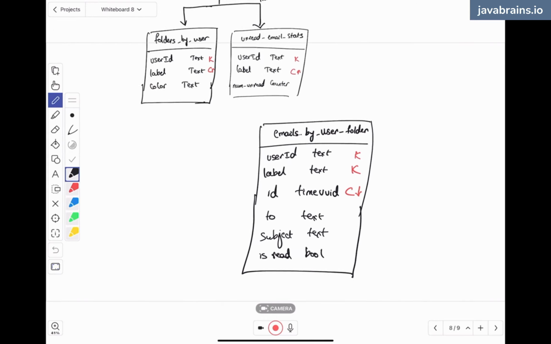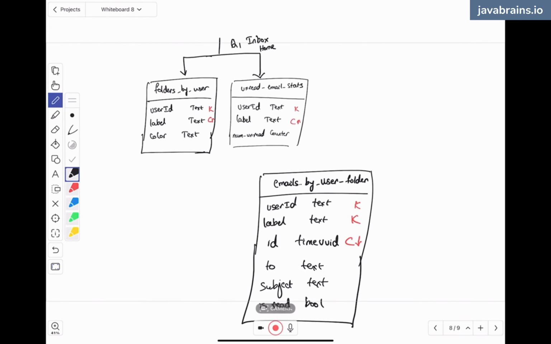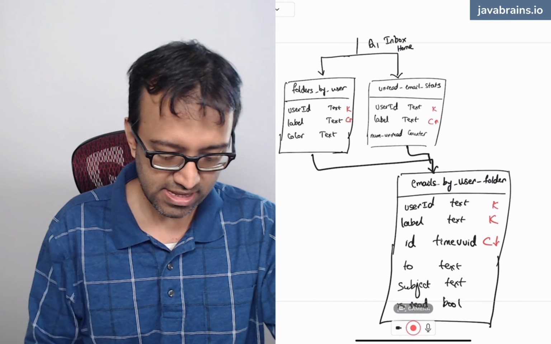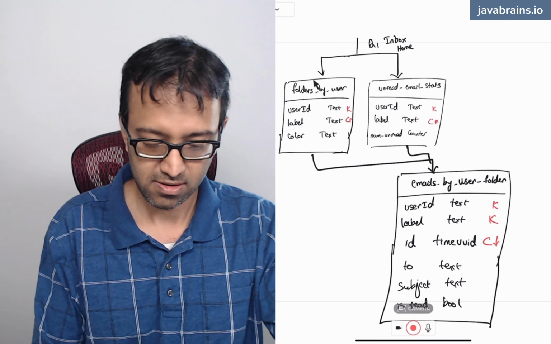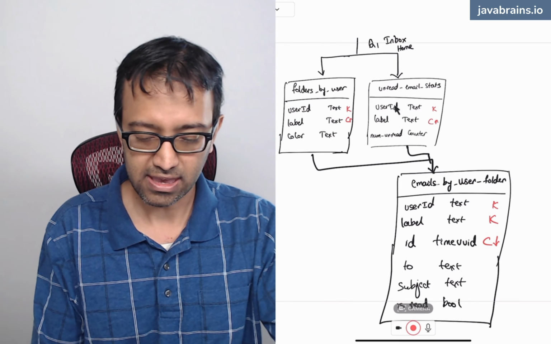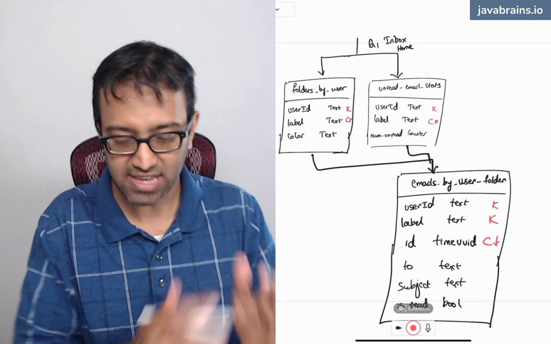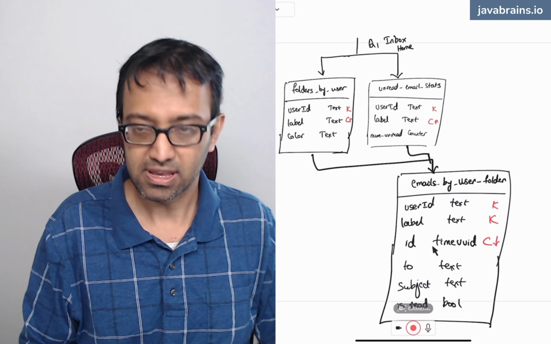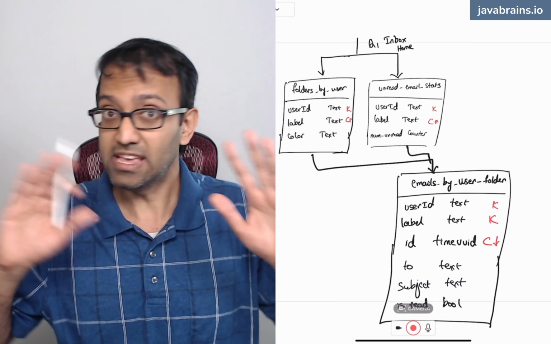And people can get to this from over here, right? They go from the home page. It needs to basically show two things. It needs to show the folder by user and the unread counts to get the left-hand side. And then it has to show the emails by user folder on the right-hand side by default to begin with.